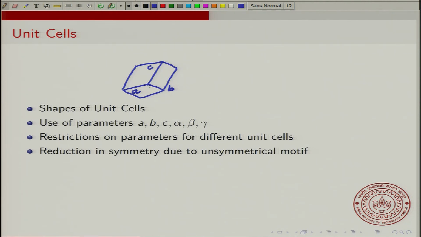So the angle between B and C we called alpha.